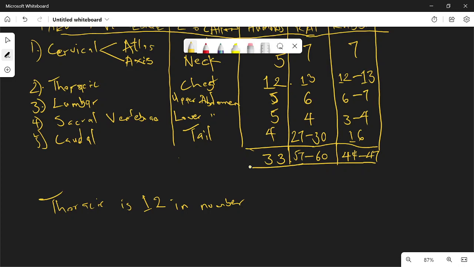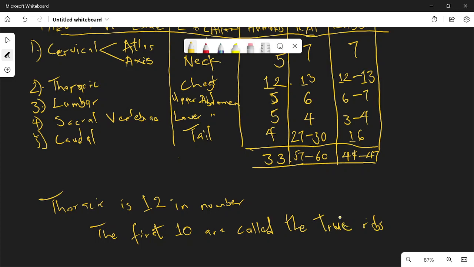The first 10 are called the true ribs. They are called the true ribs because they attach themselves to the backbone.